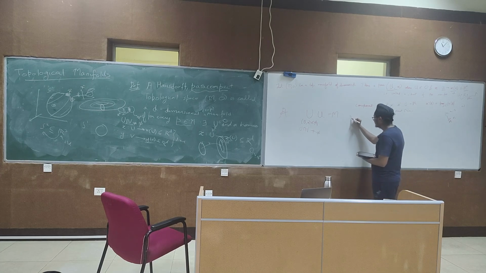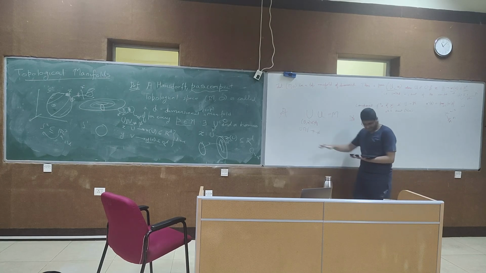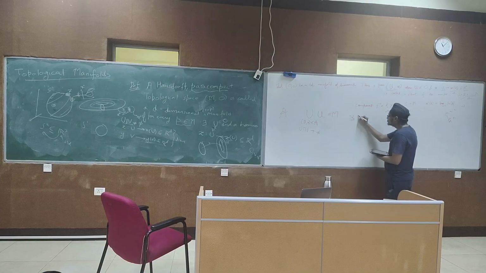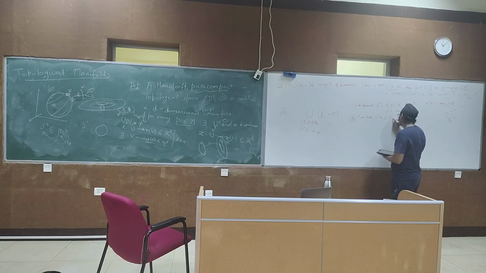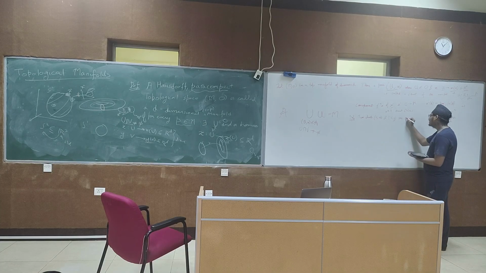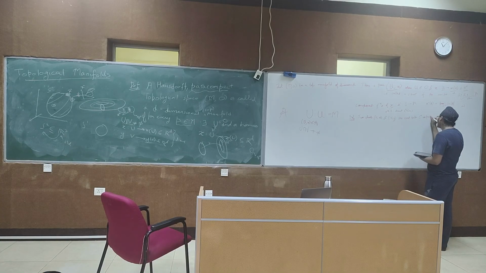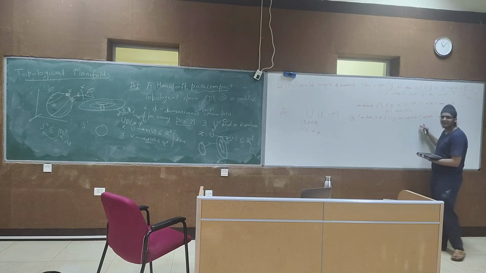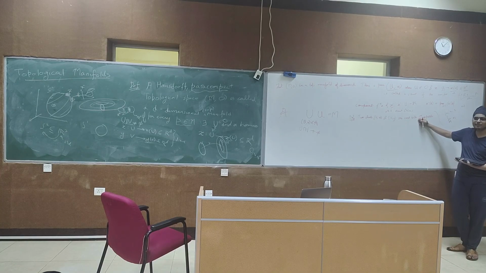Now, again another definition. Two charts (U, X) and (V, Y) are said to be C0 compatible. First of all, do you know what C0 means in Rn? It just means continuous. It is just a fancy way of saying continuous in Rn.